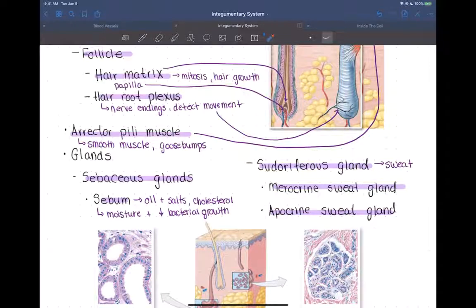You don't have to know that much about the differences between them, but I wanted to mention them because they originally got their names because they were thought to secrete in two different ways. So obviously this one was thought to secrete in a merocrine fashion, and this was thought to secrete in an apocrine fashion. It was later found out, and we now know that they both secrete through merocrine secretions.